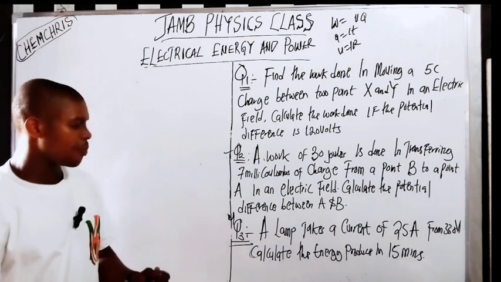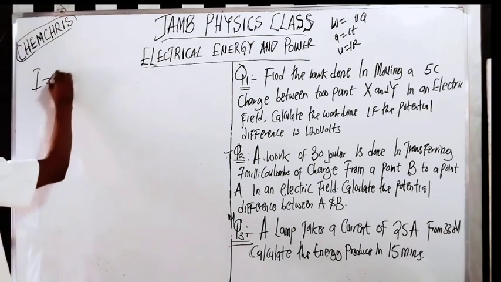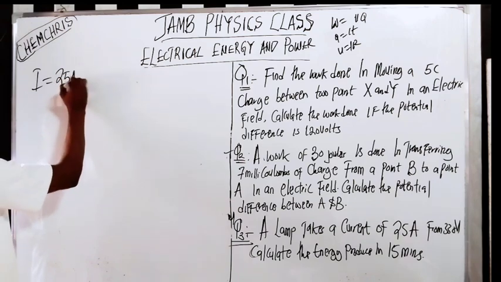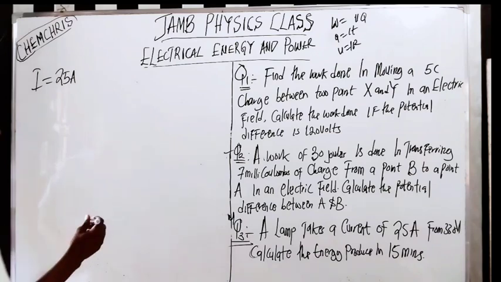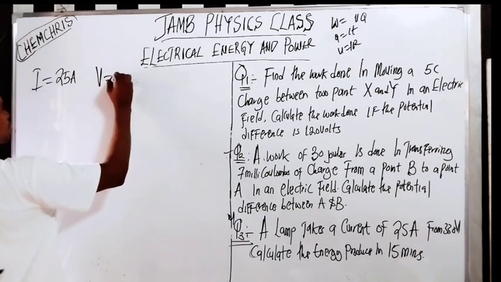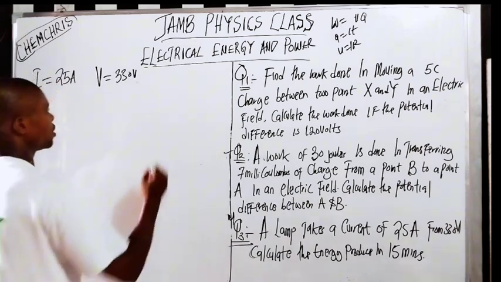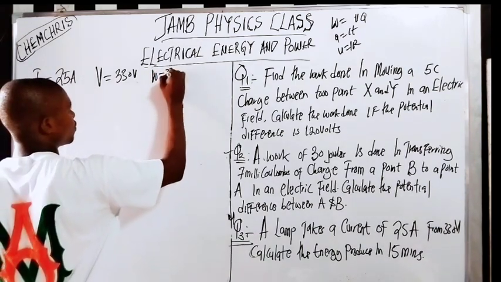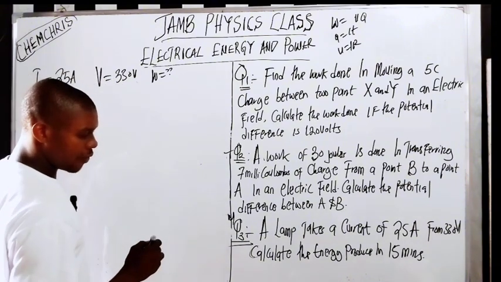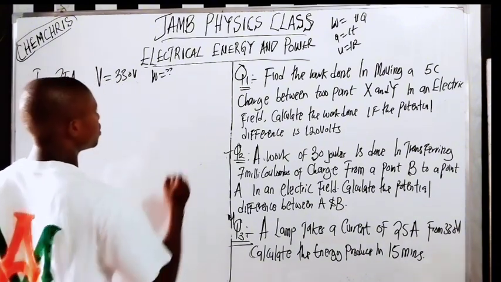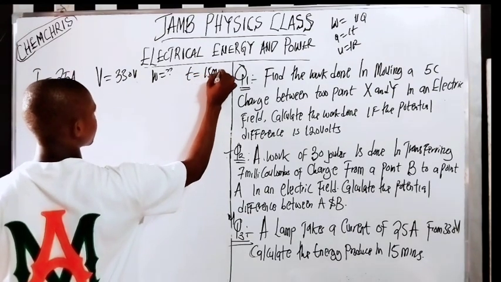This is a lamp that takes a current of 25 amperes, so current equals 25 amperes, right? From 330 volts, so my potential difference is 330 volts. Calculate the energy. So here we have W, what I'm looking for, the energy produced in a time of 15 minutes.